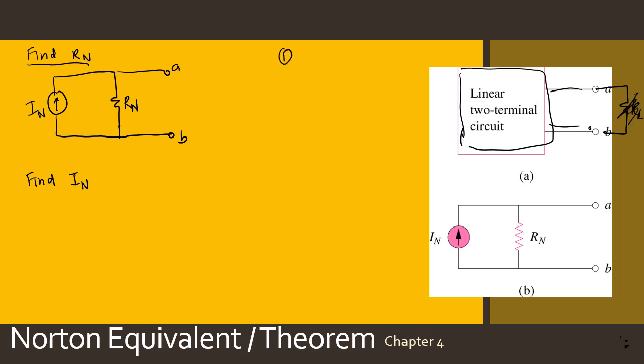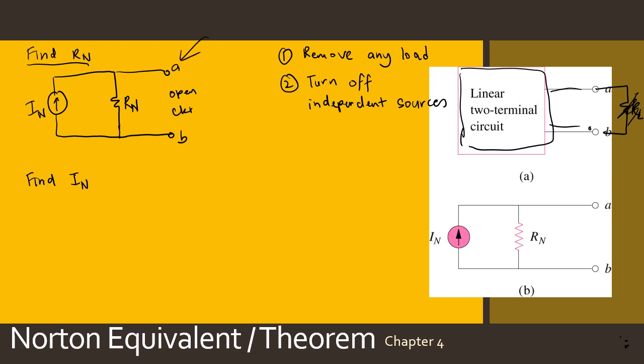So the first step is that you need to remove any load so that you have an open circuit at the A and B terminals. And then second, you need to turn off all independent sources. Let's see, on your left side here we have basically some current source.